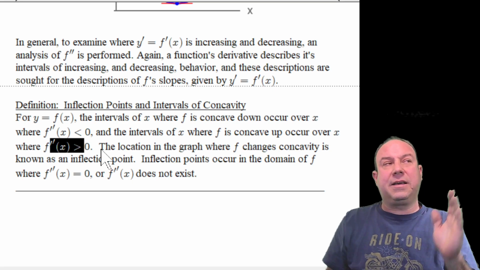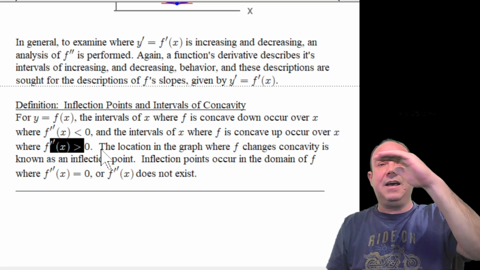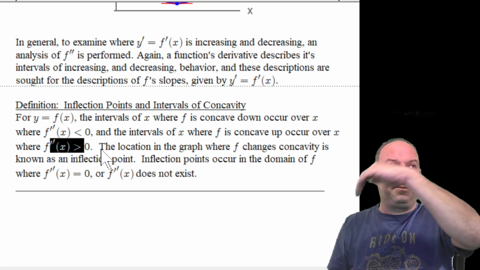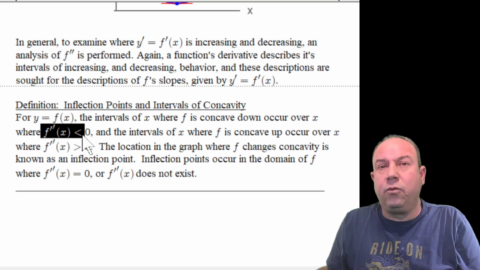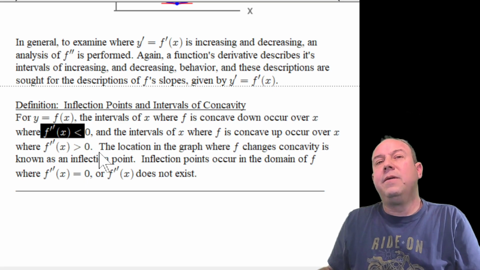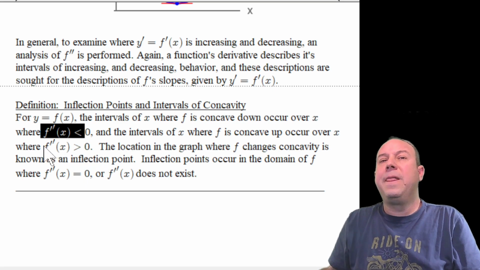Concave down indicating a decreasing behavior, so your expected derivative would be less than 0 for the slope of the tangent line.